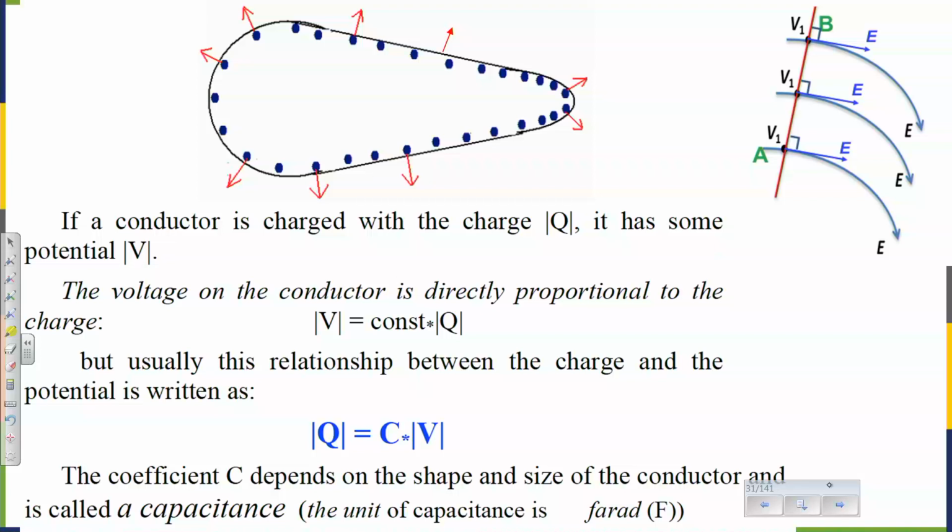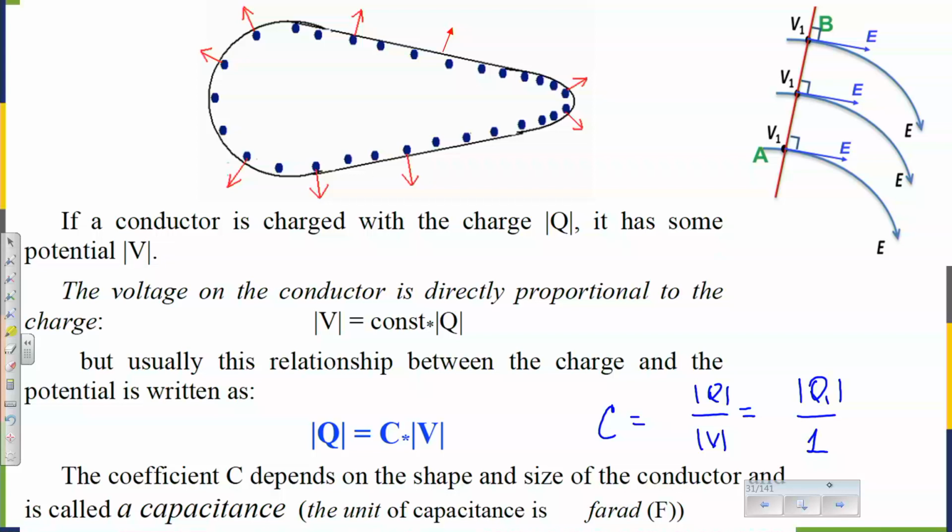This is basically an official definition of capacitance. We could rewrite it. A capacitance is physically equal to the amount of charge we need to add to this object to increase its potential by 1 volt.